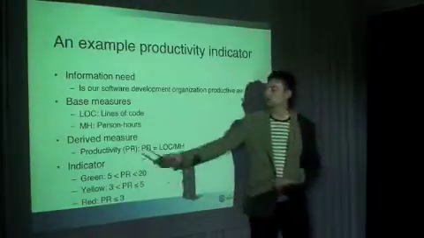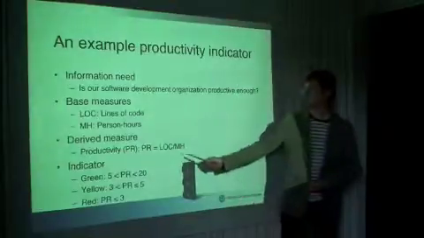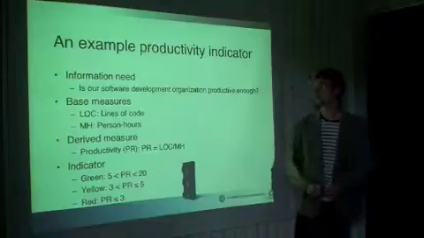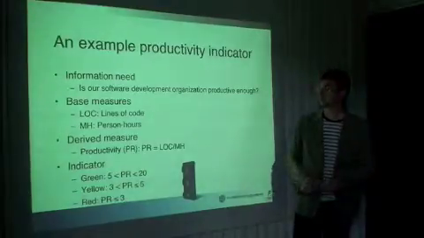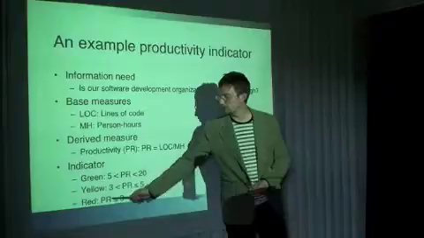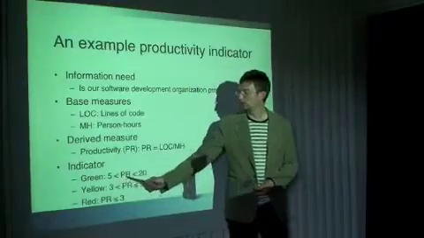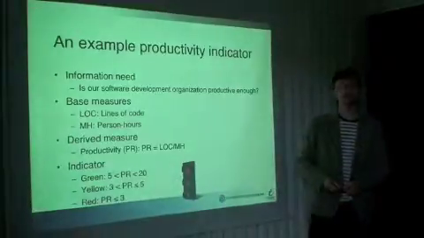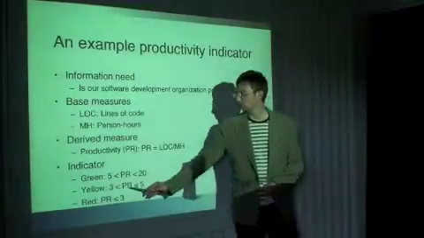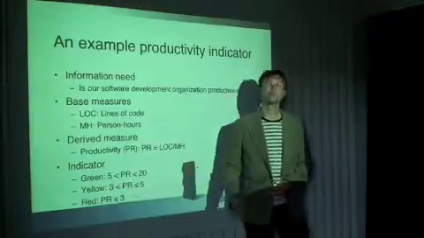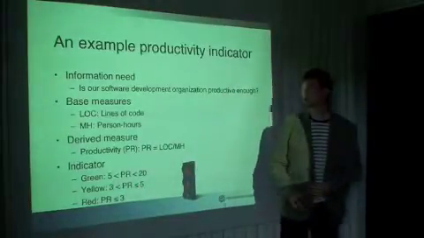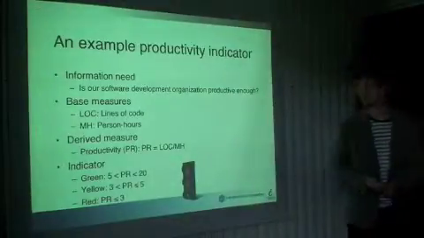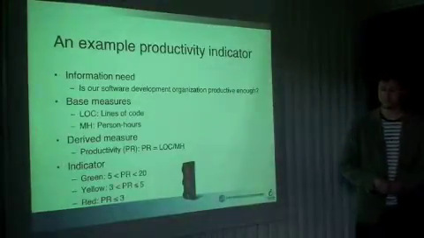The derived measure productivity is then defined as the ratio between lines of code produced and the number of hours spent on writing those lines of code. The indicator then defines 3 different levels. The acceptable level, when the productivity is between 5 and 20 lines of code per hour. Yellow, when the productivity is between 3 and 5 lines of code per hour. And unacceptable, when we can produce less than 3 lines of code per person hour in our organization.